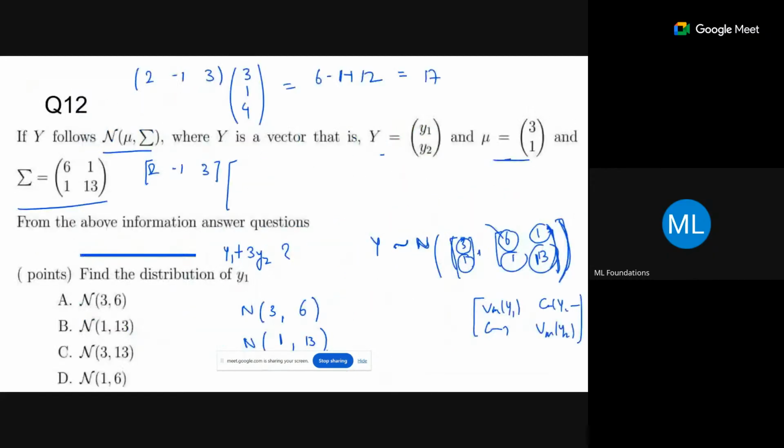So this is the question: if y follows the normal distribution, where y is a vector of y1, y2, and mu is 3, 1, and this covariance matrix is given to me. Find the distribution of y1. You can try to solve for 2 minutes and we can see the solution later on.